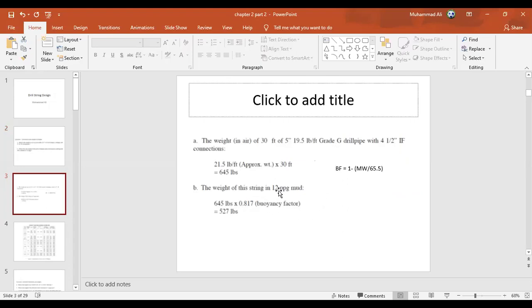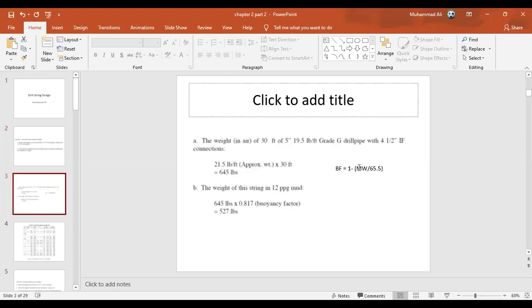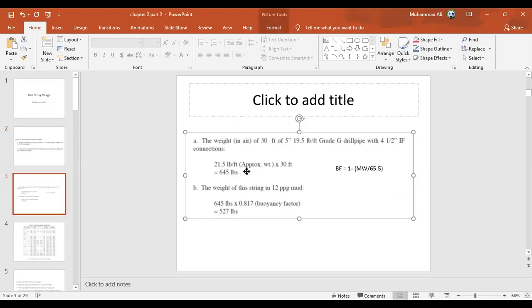It must be calculated based on the mud weight, which is 12. The formula is given: you divide 12 over 65.5, 1 minus that, and you get the buoyancy factor 0.87. You simply multiply this with the other one.